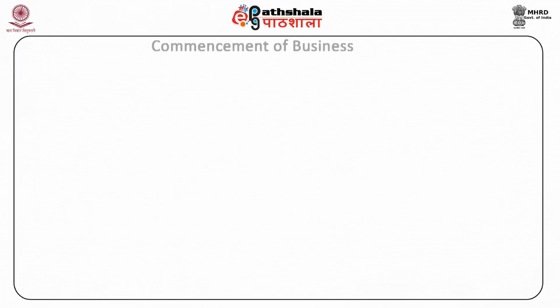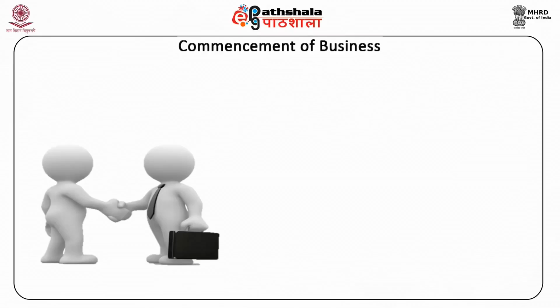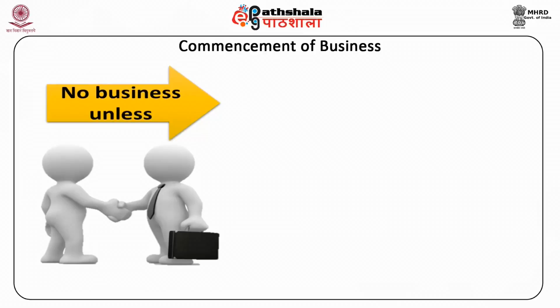We shall now discuss commencement of business as provided under section 11 of the Companies Act. A company having a share capital shall not commence any business or exercise any borrowing powers unless a.